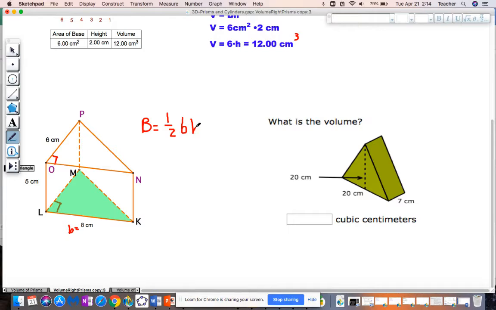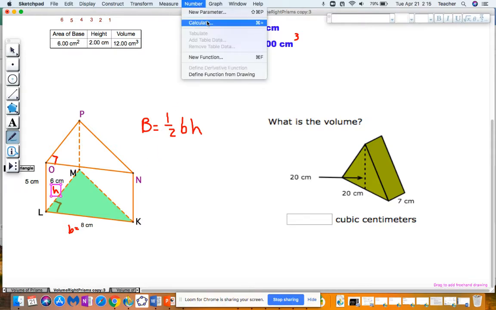And h is the height of the triangle, okay, which is going to be 6, because if PO is 6, that means ML is also 6. So that would be the true height of the triangle. Again, because that's a 90-degree, that's the true height. So h is going to be 6.